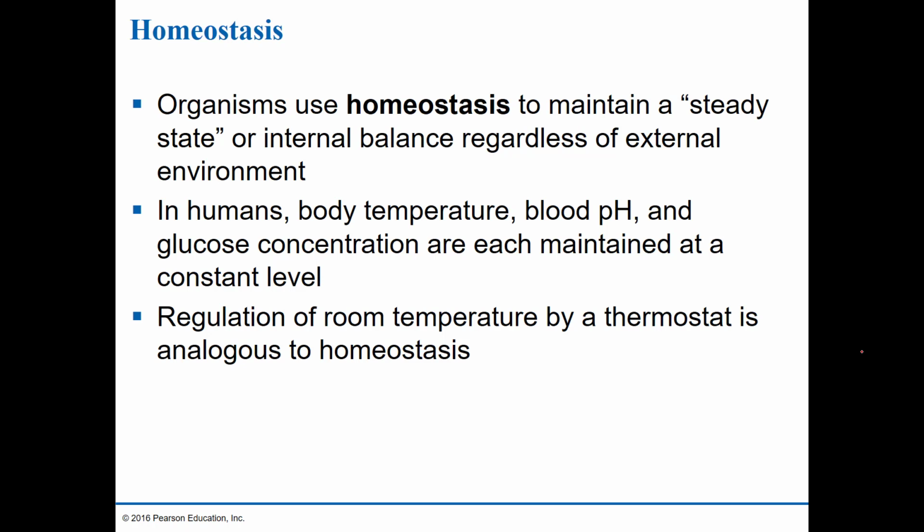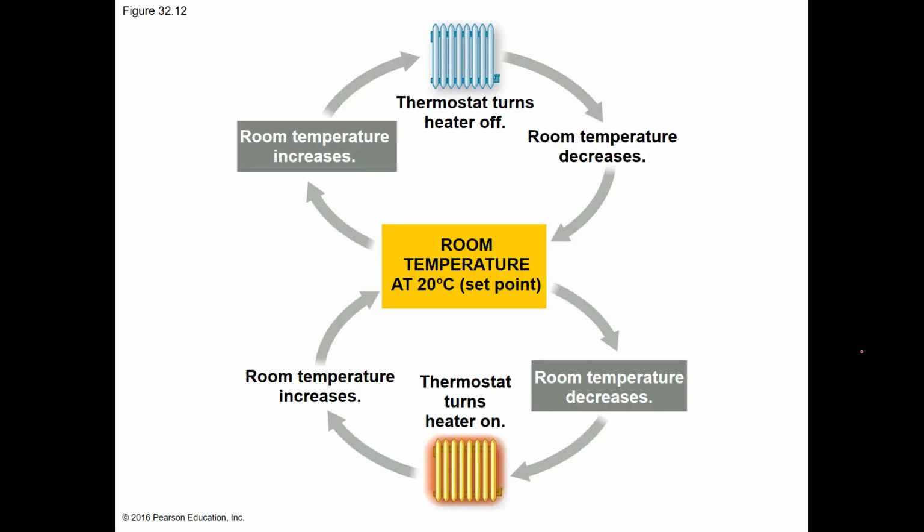The simplest, most quintessential example of homeostasis is looking at a thermostat, with the thermostat controlling the heater. Room temperature is set at 20 degrees Celsius. I think that's like 75 degrees Fahrenheit. If the room temperature increases because a bunch of people come in and they're hot and sweaty, the thermostat is going to shut itself off.